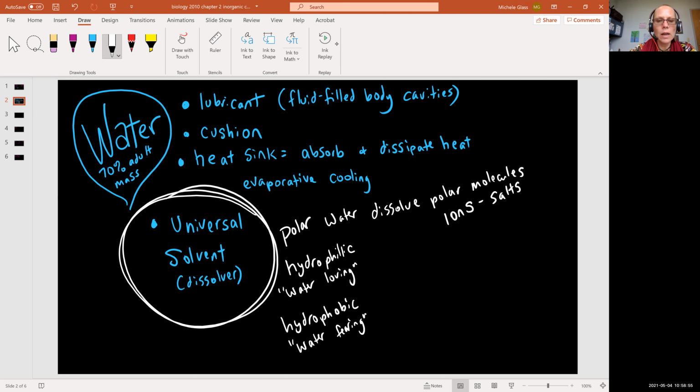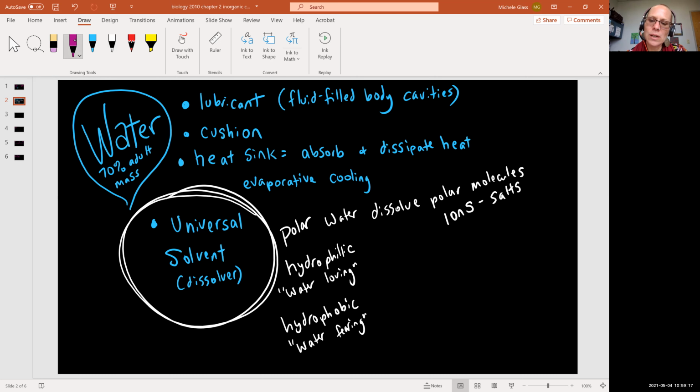Again, if you're unsure about something, combine it with water, and if it mixes, it's polar, and if it doesn't, it's not. You've all heard the expression, oil and water don't mix. And why would that be? You got it. Oil is nonpolar. So we can also talk about oil as being hydrophobic.